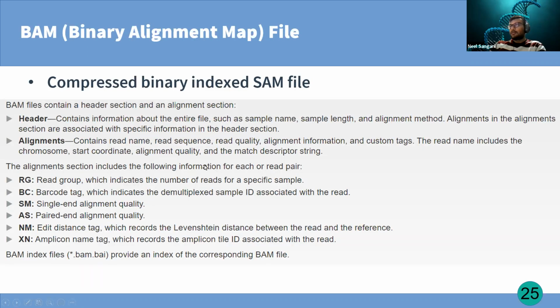Quickly going over the binary file formats. After converting the SAM files, BAM files are just the binary index files. Once you get the SAM sequence alignment map files, you will change them to the binary format because they're more compressed. What you're doing is compressing all this information into a different format.